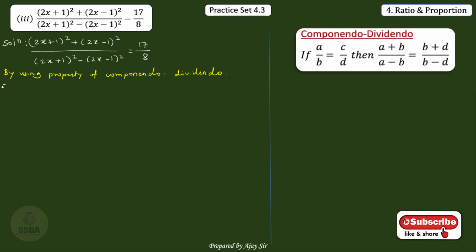We will use square brackets for the numerator: (2x plus 1) bracket square plus (2x minus 1) bracket square, plus, (2x plus 1) bracket square minus (2x minus 1) bracket square. Okay, this is a plus b.